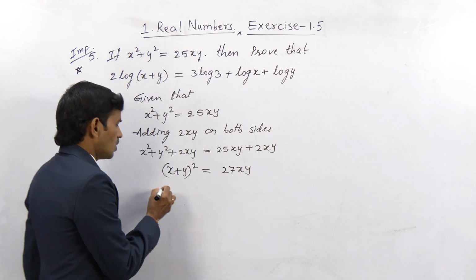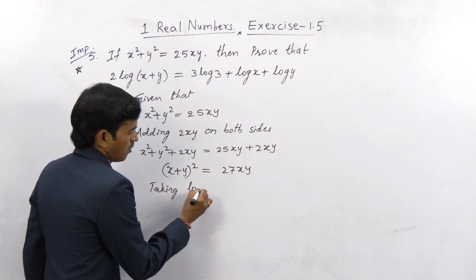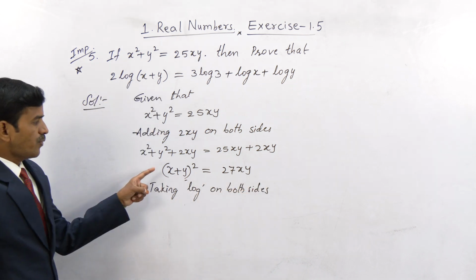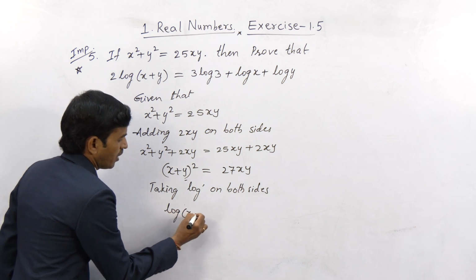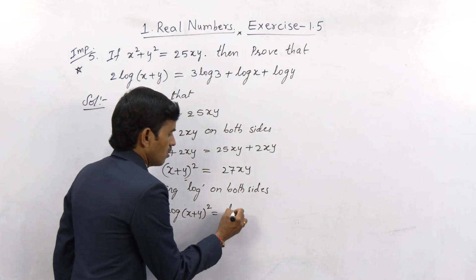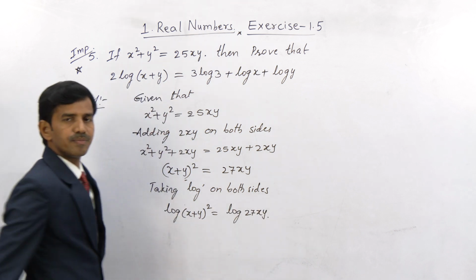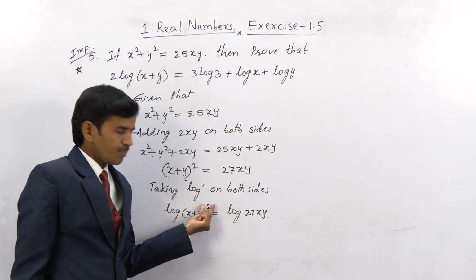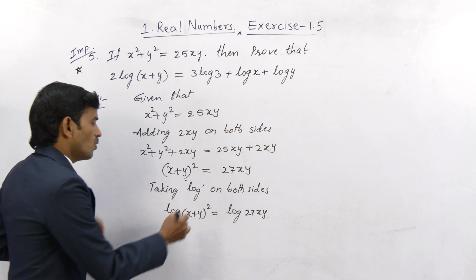Now you can take log on both sides. Taking log on both sides, what do you get here? Logarithm of x plus y whole square is equal to log of 27xy. Now here you can apply the power rule, and here the product rule.